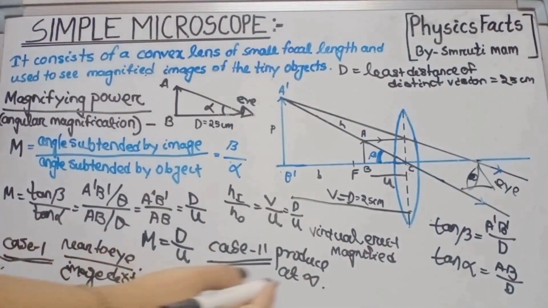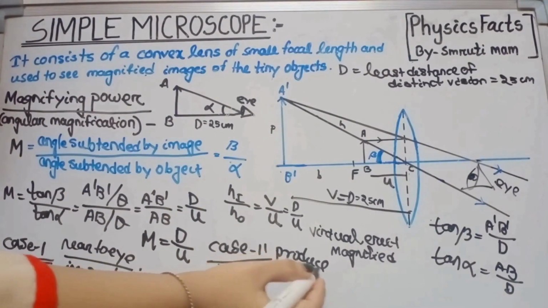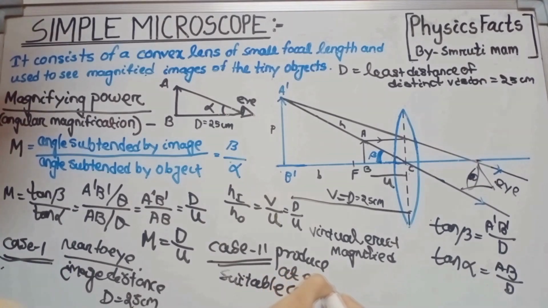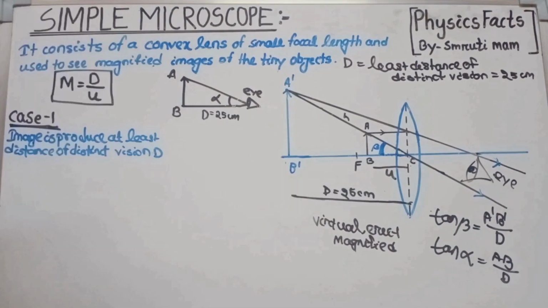So second condition क्या है, that image is produced at infinity for suitable and comfortable, relaxed eye vision. Clear students?